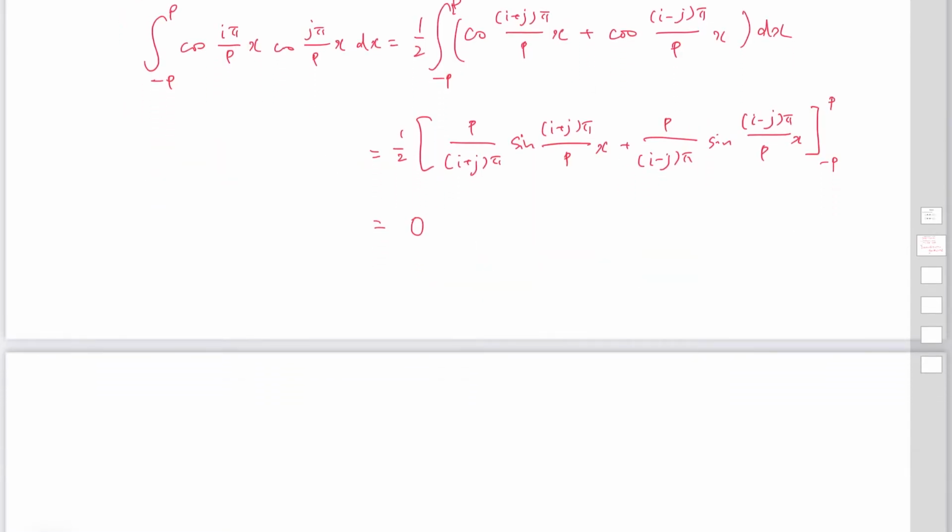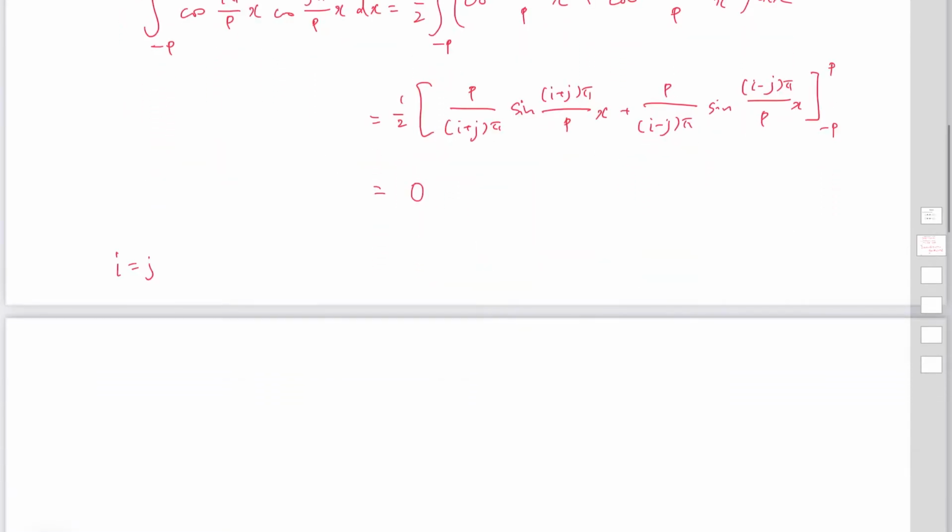When i is equal to j, it becomes the integral from minus p to p of cosine squared(i pi over p x) dx.